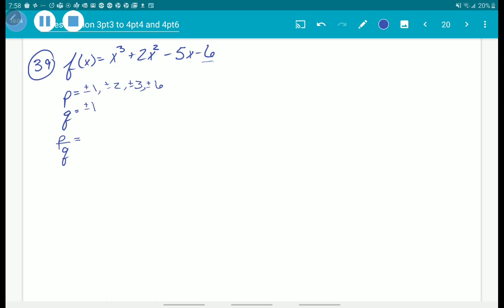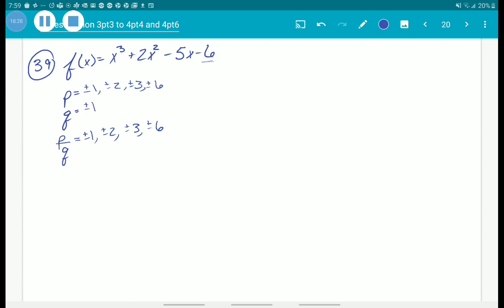So if I take P over Q, if I take every number here and I divide it by 1, 1 divided by 1 is 1, 2 divided by 1 is 2, 3 divided by 1 is 3, 6 divided by 1 is 6. So if there is a nice number that's a 0, it is guaranteed to be in that list.